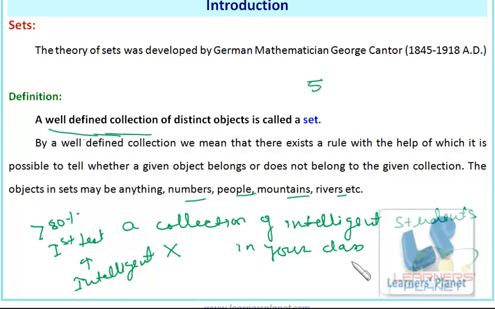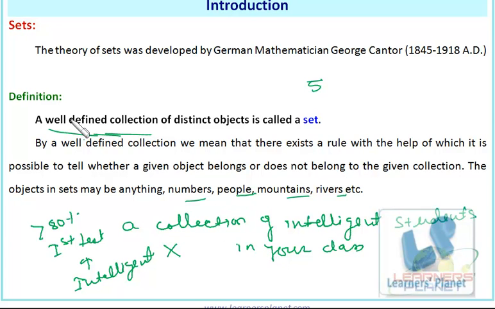If you set up a criteria that the actresses who are more than 5.5 feet are called beautiful, then you can collect a group of actresses, list their names, and make a well-defined collection of all these actresses. But unless there is a criteria, you cannot make a set.